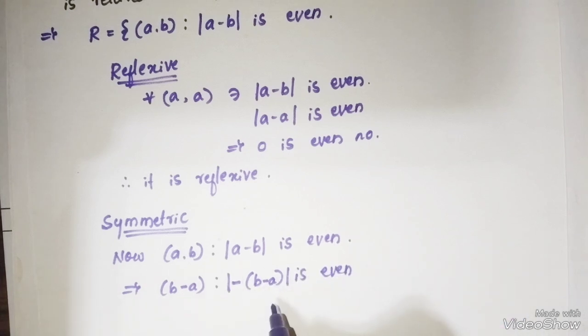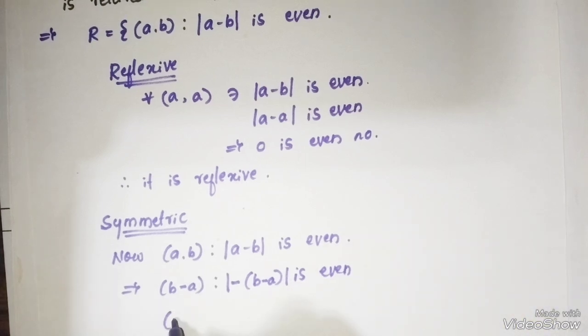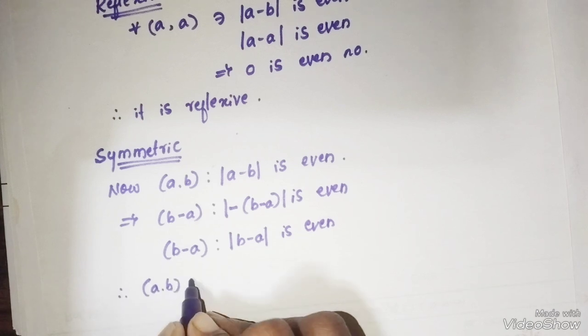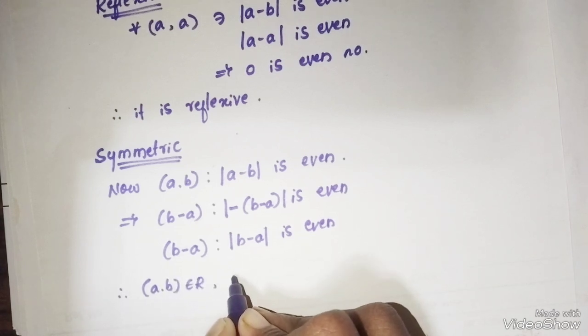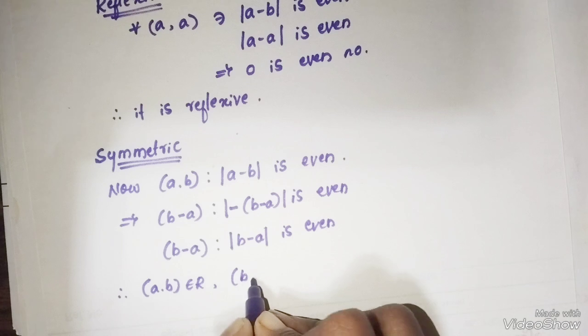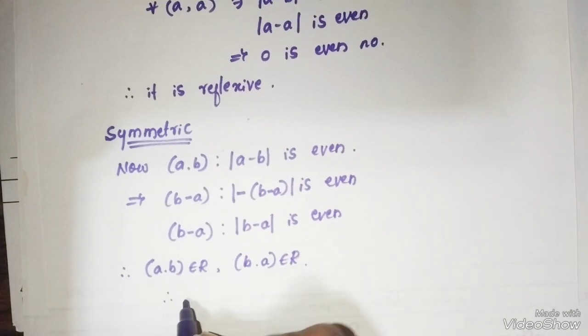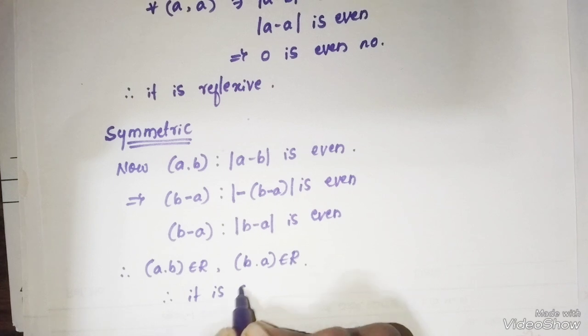Here we consider the modulus function. The modulus of a negative value is again a positive value, so b minus a is also an even number. Therefore, (a, b) belongs to relation R and (b, a) also belongs to R. Hence, it is symmetric.